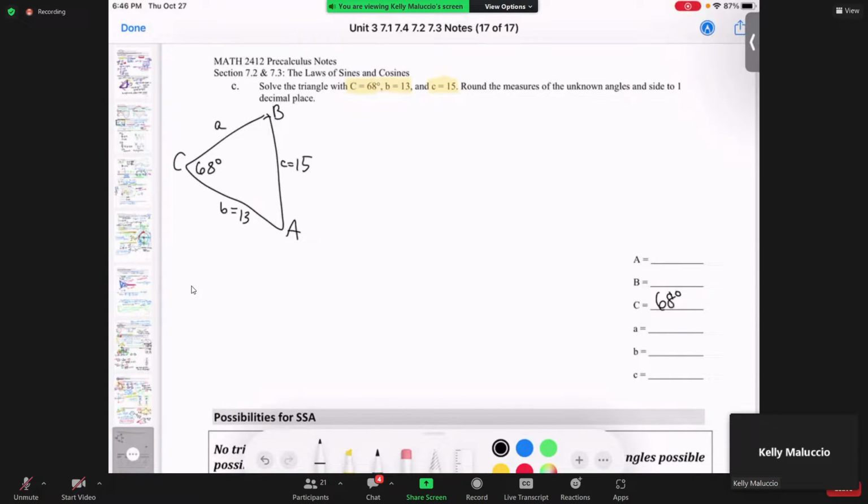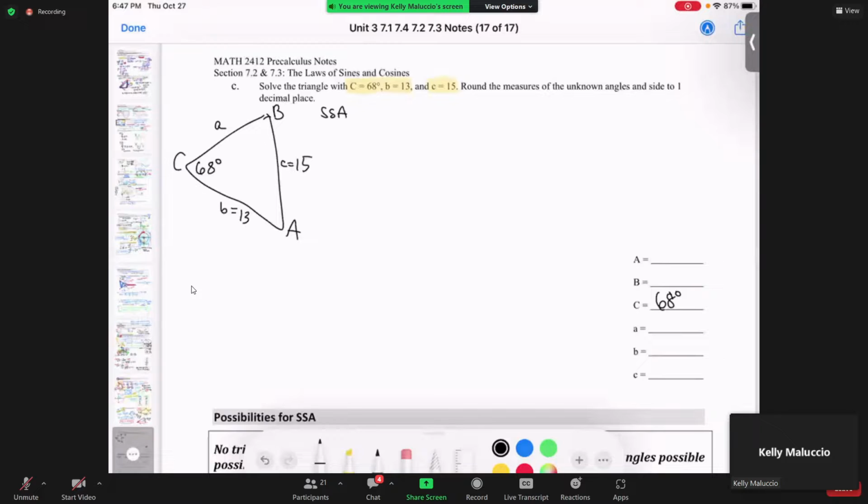This is another side-side-angle. Maybe this is just a nice one that they're showing us. It's just another example, really.